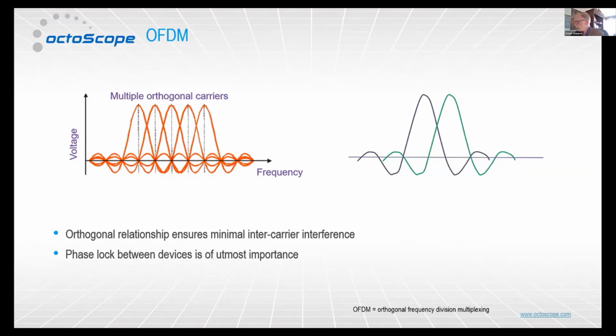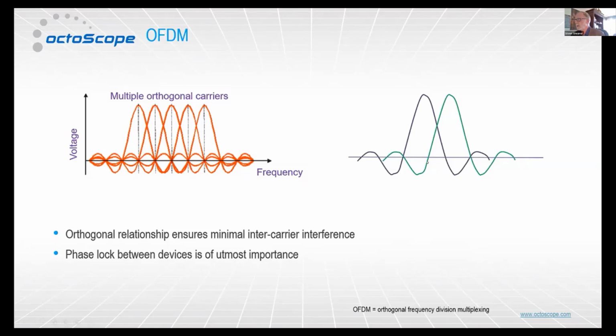In OFDMA, we have multiple independent stations that are transmitting simultaneously, and they need to make sure that they've got phase lock, so that their tones are orthogonal with tones from other devices participating in the OFDMA exchange.